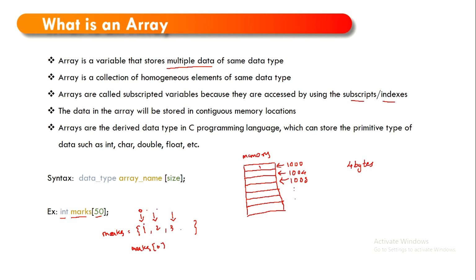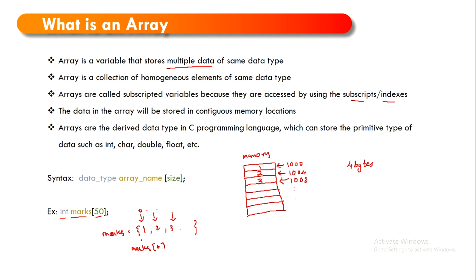Since this 1 is an integer, it is going to be stored in 4 bytes of space. So where will the next data be stored? Obviously, it will be stored after 4 bytes. That is why I have written here 1004. The data of the second index will be stored after 4 bytes, and again after 4 bytes we will have our third data.